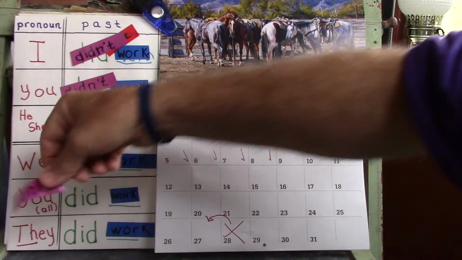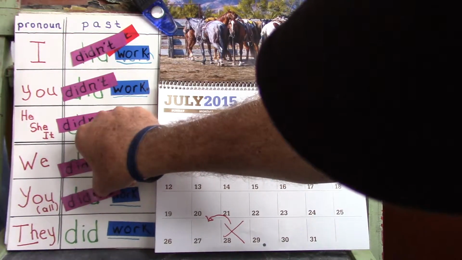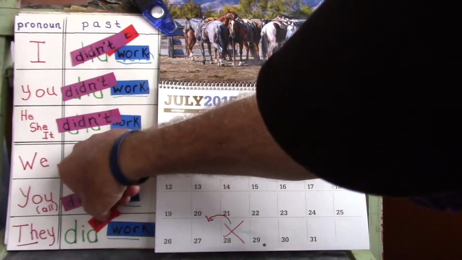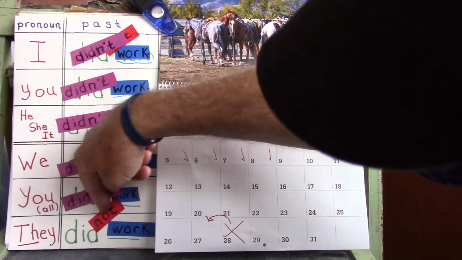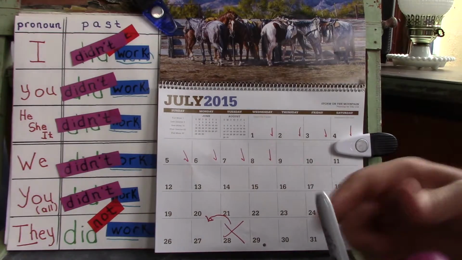You didn't work. And they did not, or the contraction didn't work. This is for our negatives. They did not work, or they didn't work.